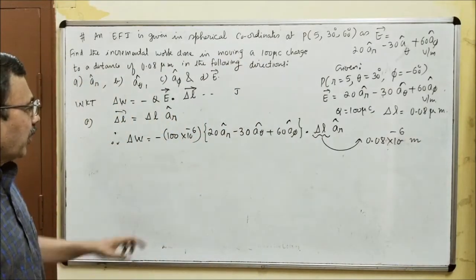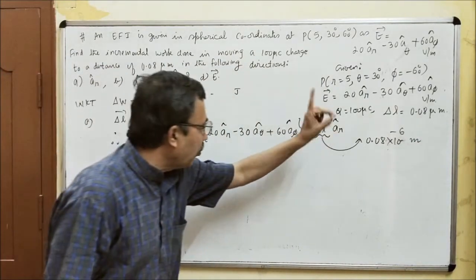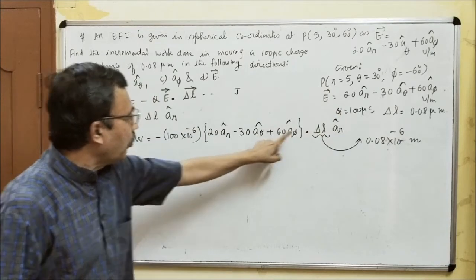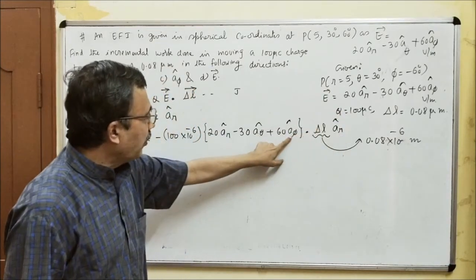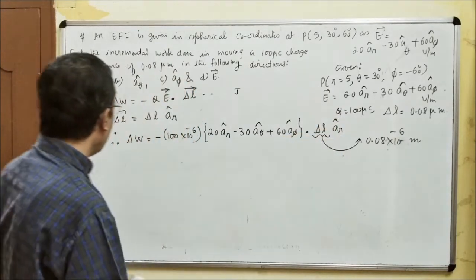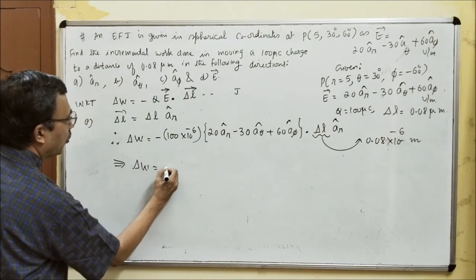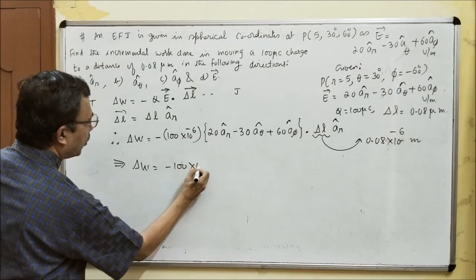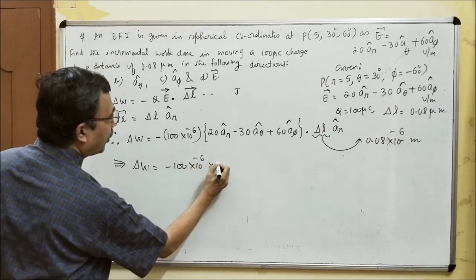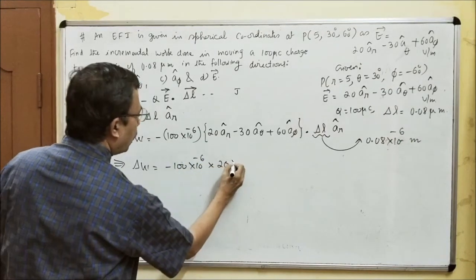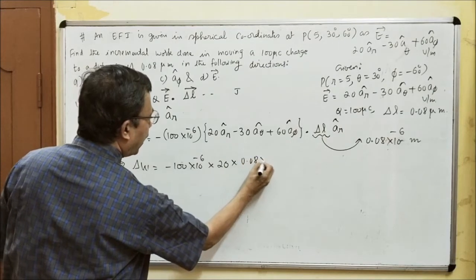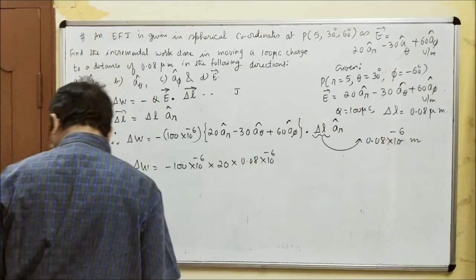If you take the dot product, AR cap dot AR cap is 1, A theta cap dot AR cap is 0, A phi cap dot AR cap is 0. Therefore, delta W is equal to minus 100 into 10 to the power minus 6 into 20 into 0.08 into 10 to the power minus 6.